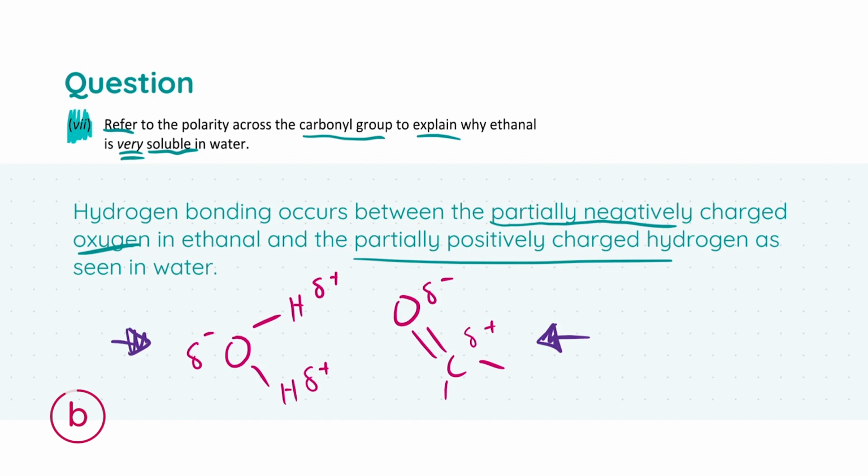And this is going to result in a hydrogen bond forming between these hydrogens in the water, the partial positive charges, and the oxygen in the carbonyl group, which is just up here, with that partial negative charge, which we can see in the carbonyl group of the ethanol.